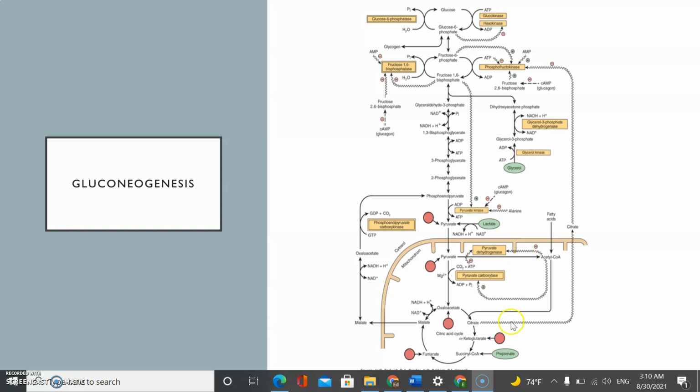Alpha ketoglutarate enters the citric acid cycle as well and goes through a few steps to produce malate, which diffuses again to the cytosol and goes through the same pathway to produce glucose.